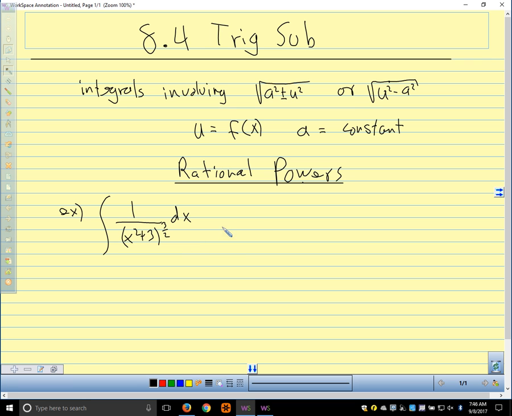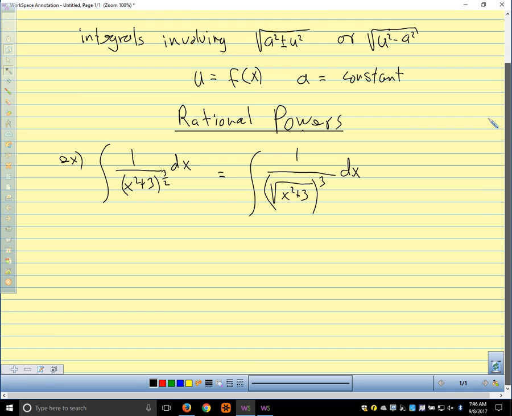But I'm going to rewrite this as the integral of 1 over the square root of x squared plus 3, to the third. And now it looks more like the form of a trig sub. So let's set this up and do this one.